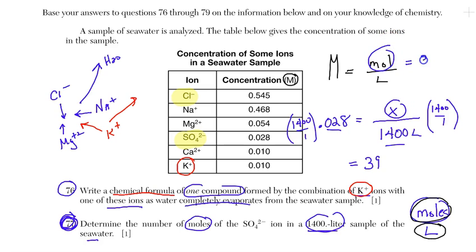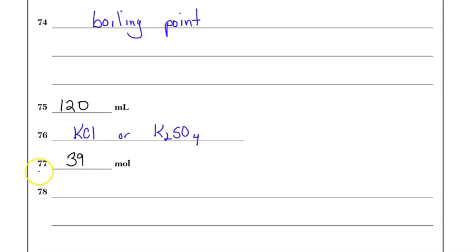So moles equal 39. Okay? Another very typical math question: molarity, as we've seen others like percent, or the weighted mass problem, conservation of mass. Very typical math problems in this test.